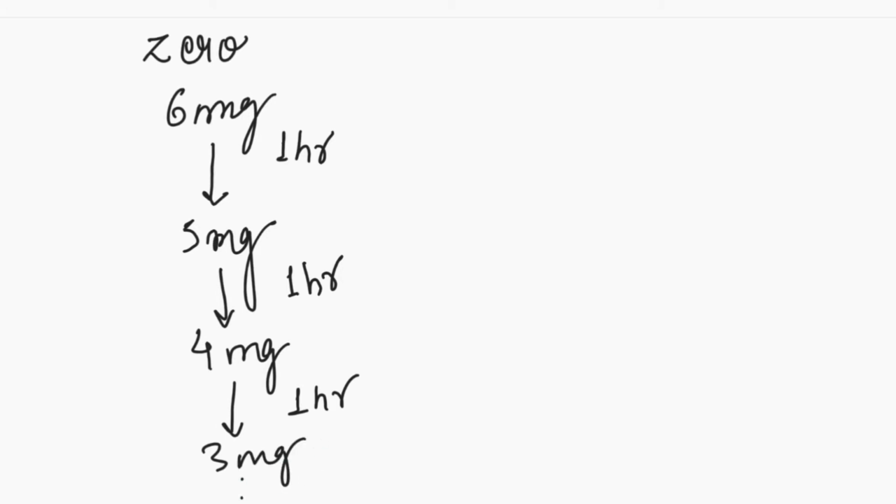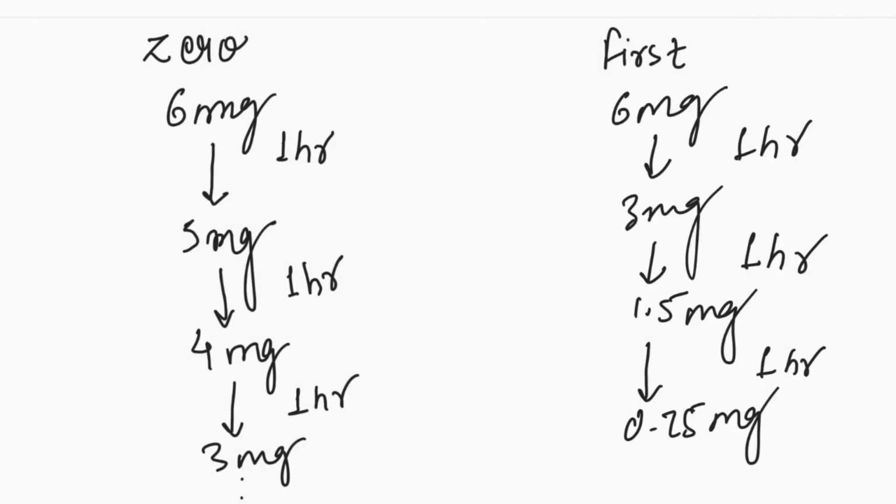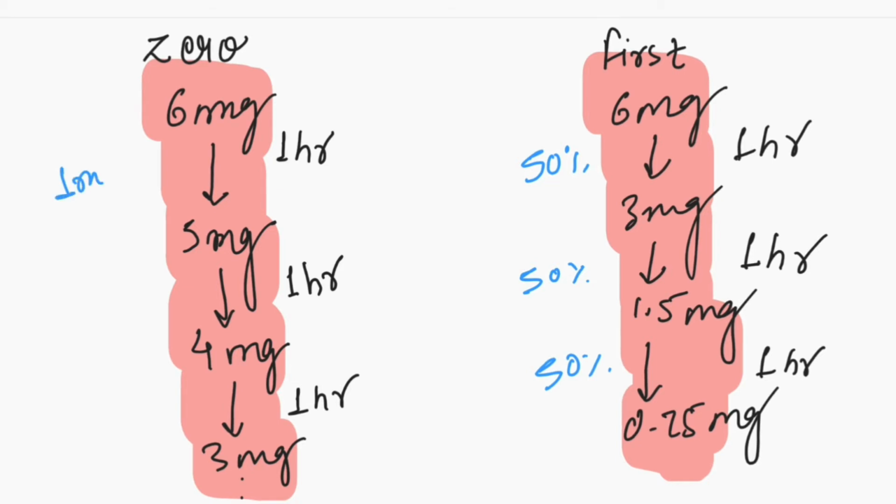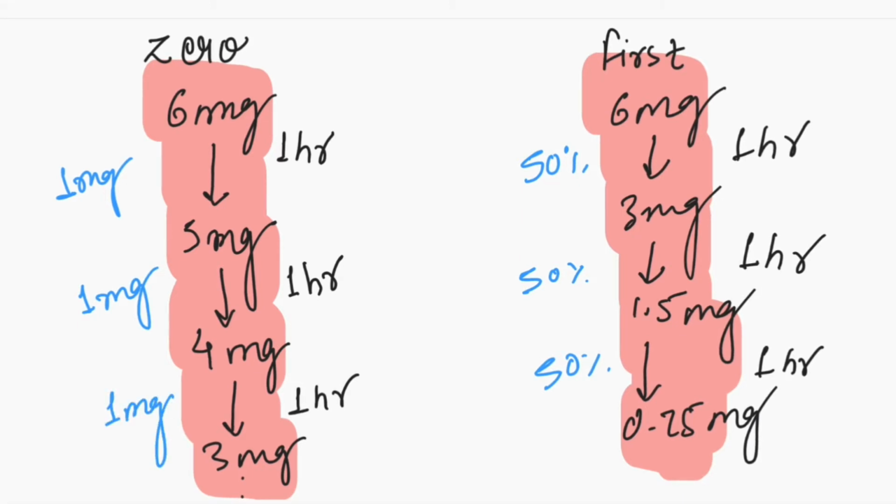Whereas in the first order kinetics, the metabolism looks something like this. The values in red depict the plasma concentration of the drug with time. It is clear from the figures of the first order kinetics that 50% of the drug is eliminated every hour, while the values of the zero order kinetics tell us that 1 milligram of the drug is eliminated every hour.